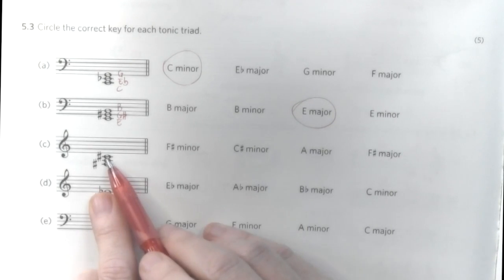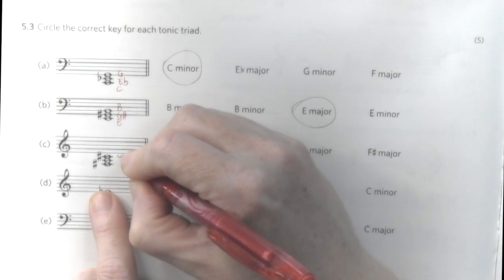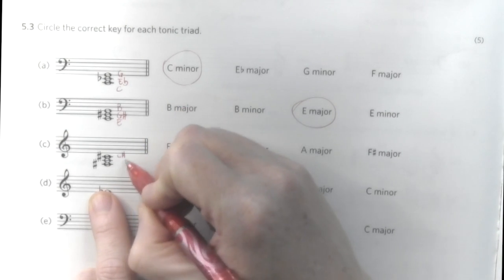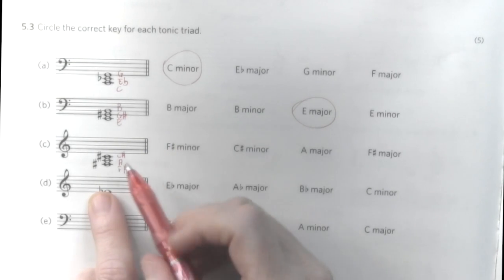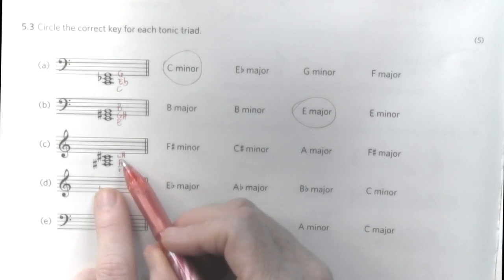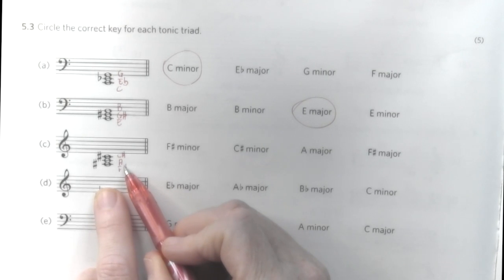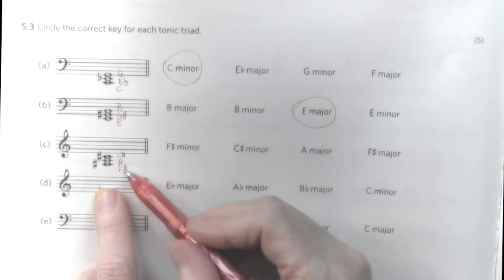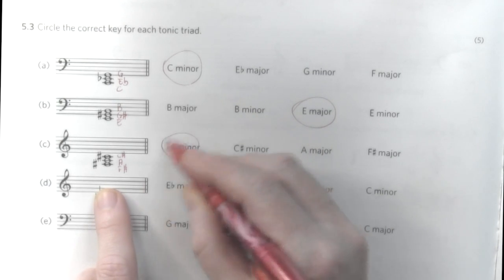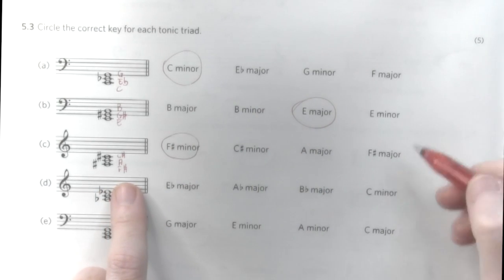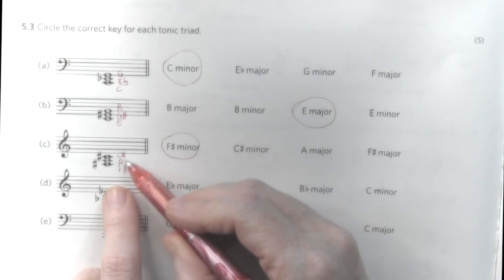Okay, let's go on. We have Do sharp here, we have La, and then we have Fa sharp. Okay, Fa sharp is at the bottom, so is this a minor third or a major third? It's minor. It's Fa sharp, La, Do sharp, an F sharp minor chord. It can be major because the major chord would have a sharp here.